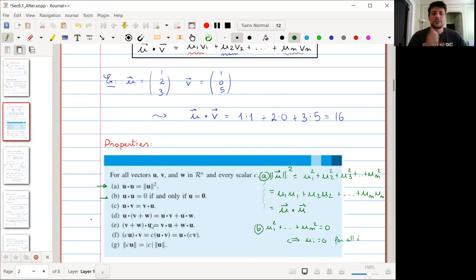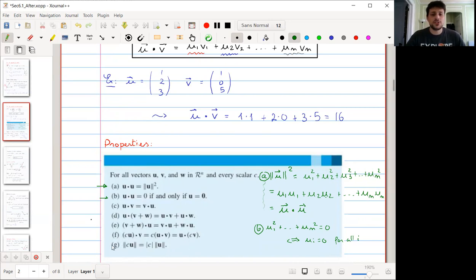The others are maybe less crucial than these two. The dot product is commutative, so U dot V is equal to V dot U. It is distributive on both sides. I can distribute the dot product on a sum, and I can factor out constants from it.